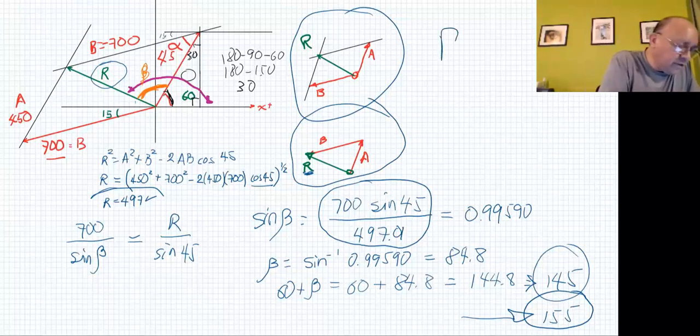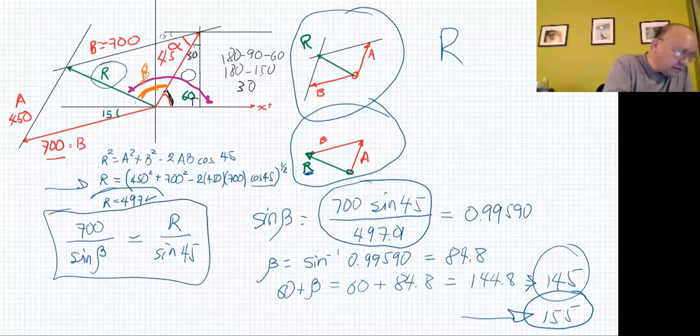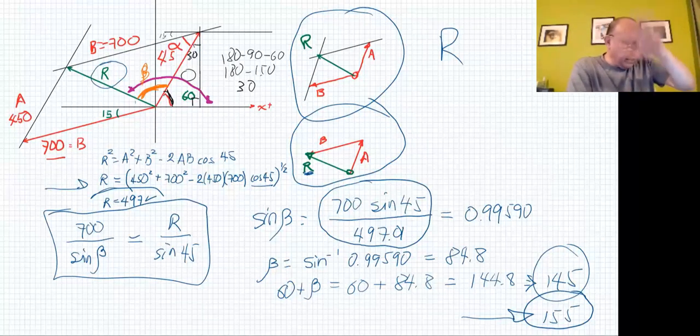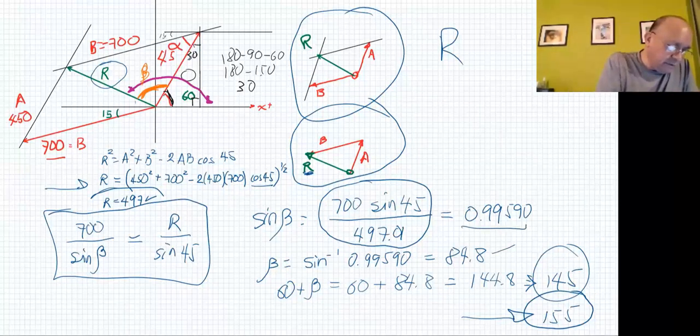You calculate R using the cosine law, which we did here, and some of you verified. And then we did the sine law. We can make an error with the radian thing on the calculator, but we fixed it, and everybody agreed on this number and this number. So no error.